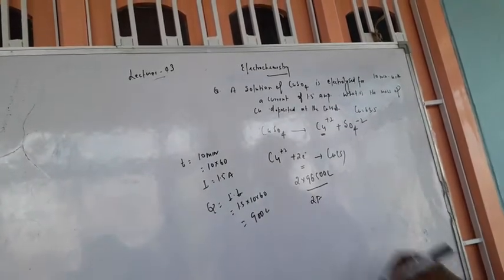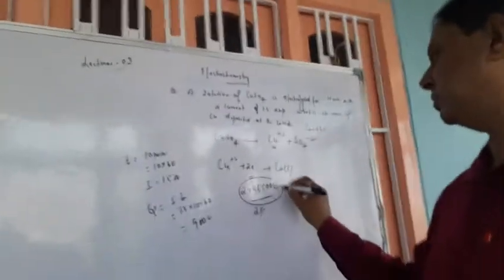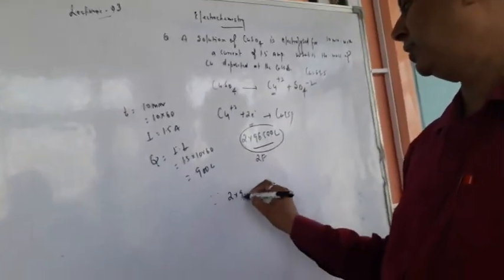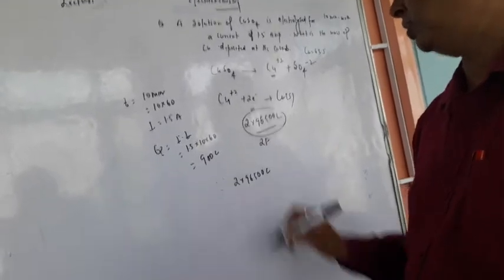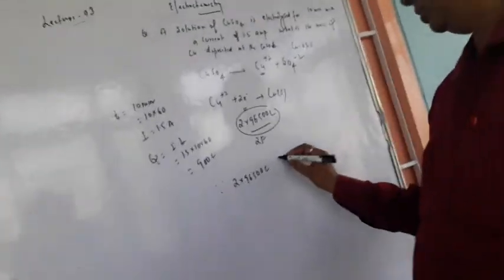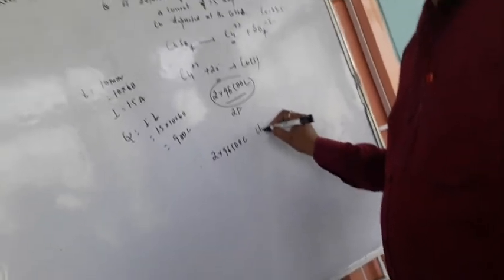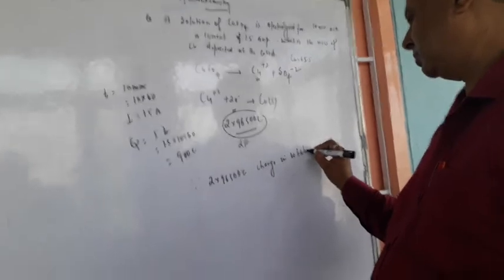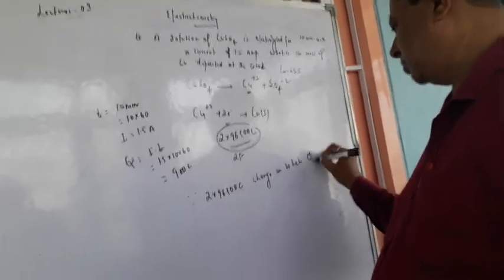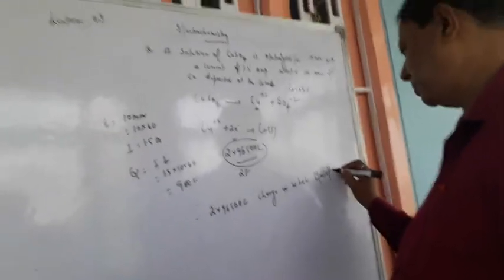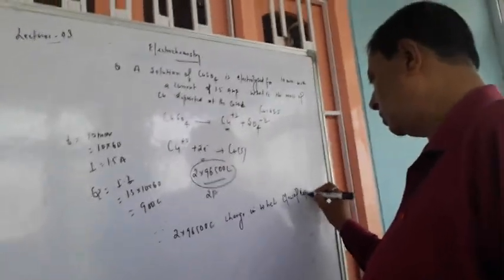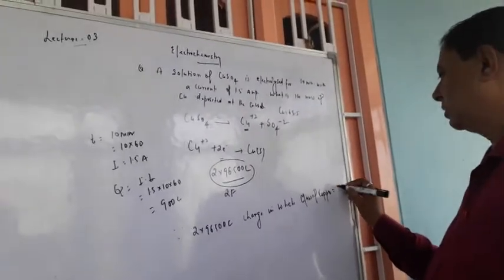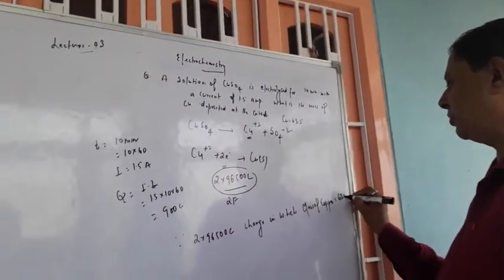According to the question, 2 into 96,500 Coulomb of charge deposits the mass of copper, which is 63.5 gram.